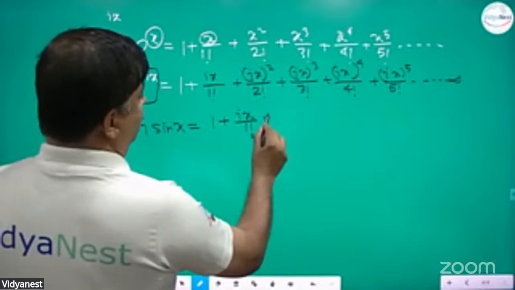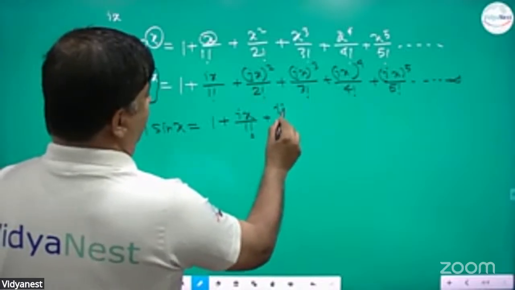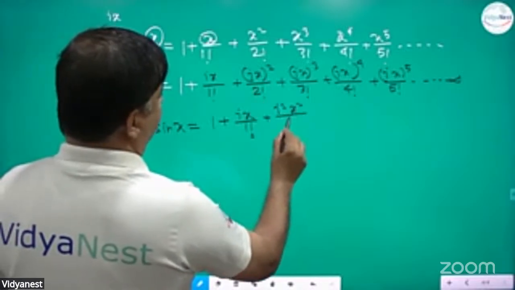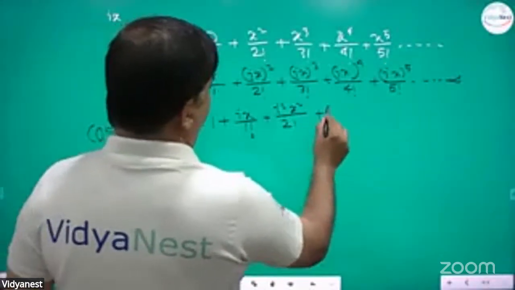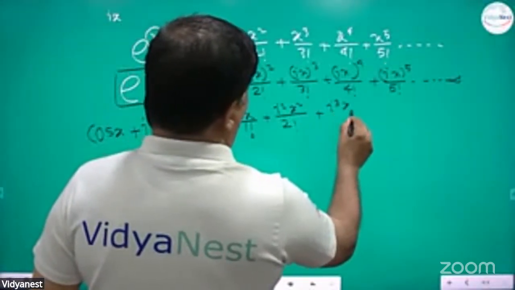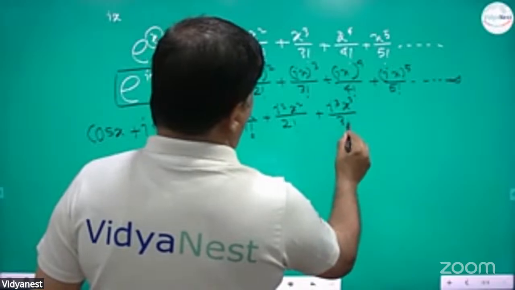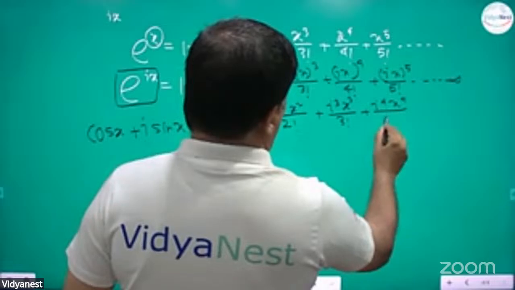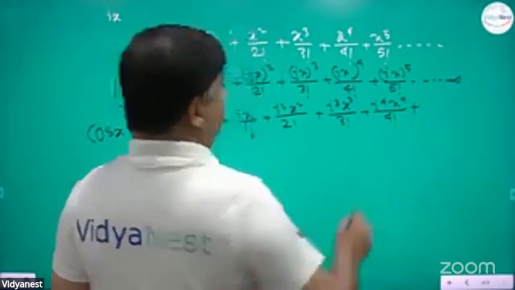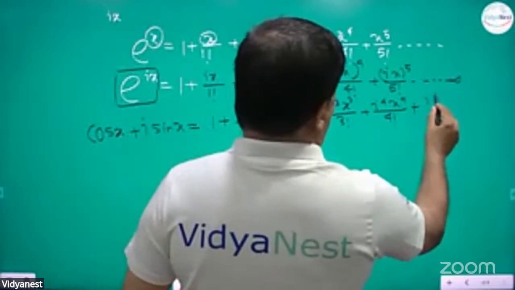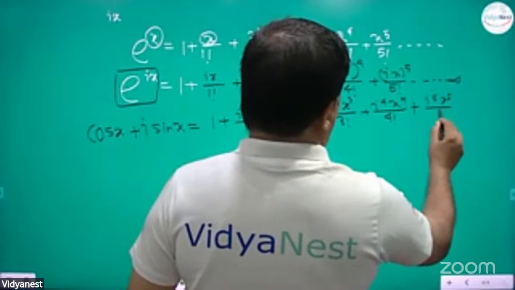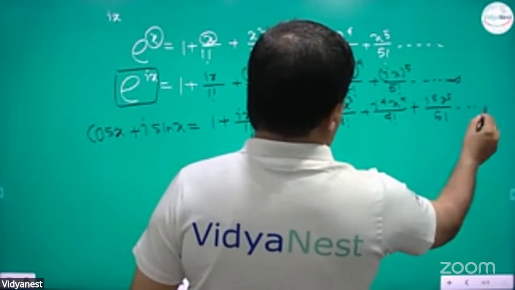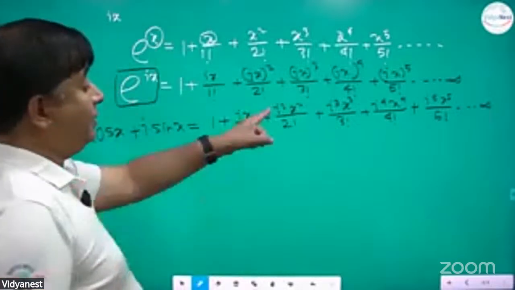This is i square x square by factorial 2, i cube x cube by factorial 3, i to the power 4 x to the power 4 by factorial 4, i to the power 5 x to the power 5 by factorial 5, and so on. Now what is i square?